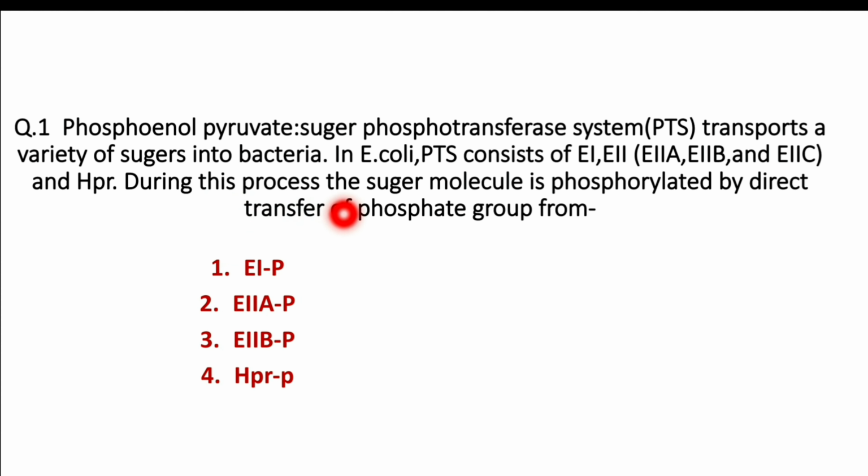During this process, the sugar molecule is phosphorylated by direct transfer of a phosphate group from, options are, E1P, E2AP, E2BP and HPrP. The right answer is option 3, E2BP.